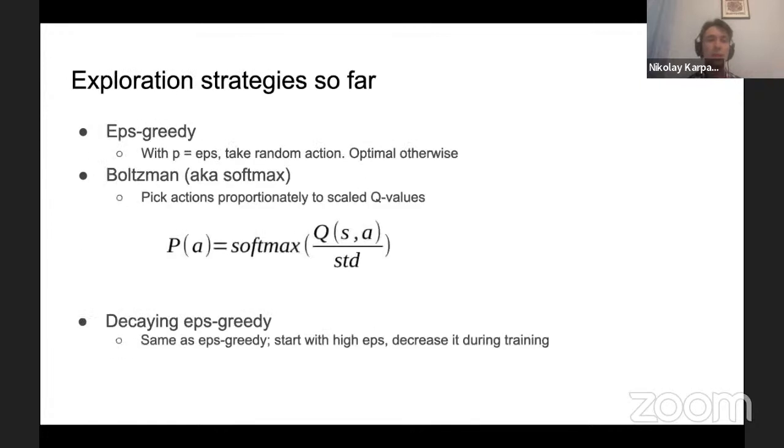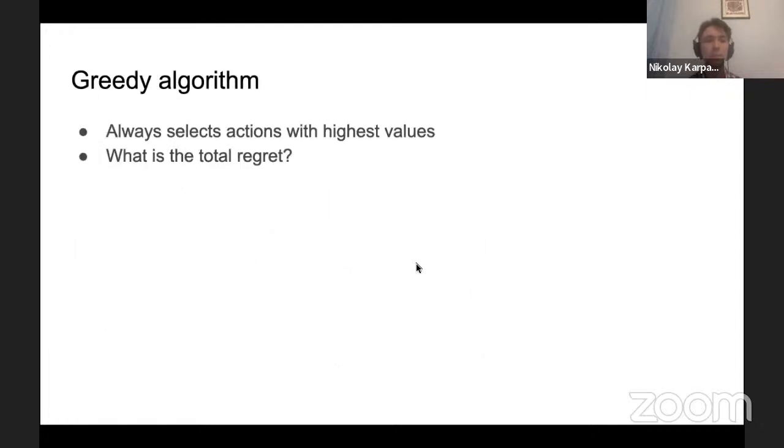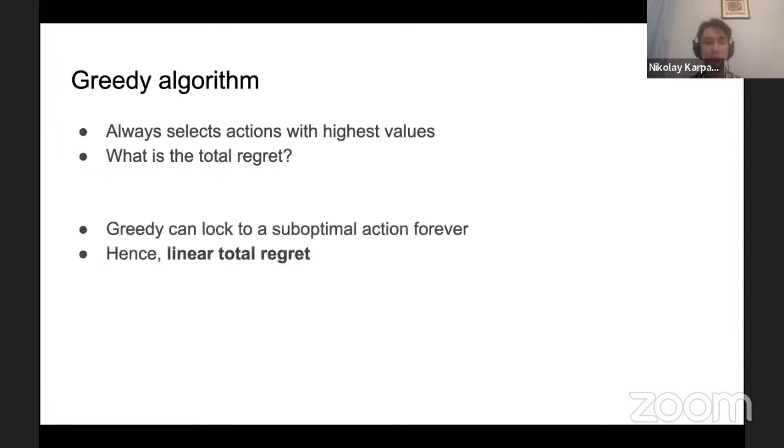So now let's try to compute the regret and compare them in the case of multi-armed bandits. Firstly, let's look at the algorithm with no exploration at all: the greedy algorithm, which always selects the action with the highest current value. What will be the total regret?